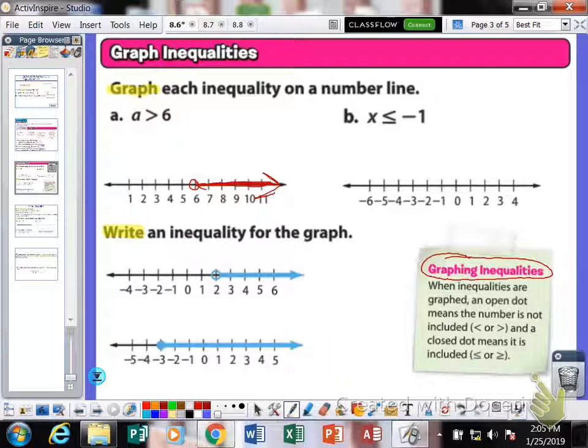So we have less than or equal to, which means we're going to put a closed dot on our -1 tick mark on our number line.